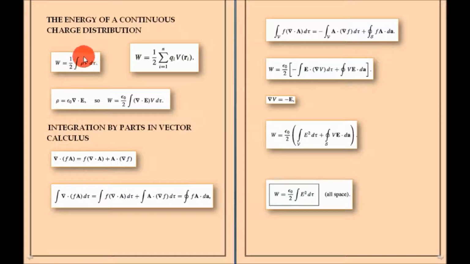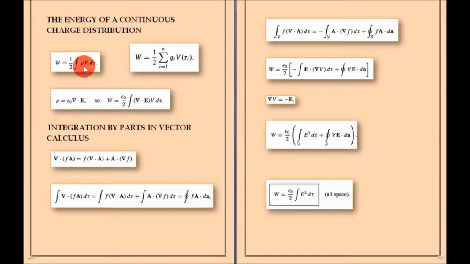In this expression, the summation term is replaced by integration and Q is replaced by volume charge density. Now instead of summation, we have to integrate it over a volume, and the work done expression finally looks like this.